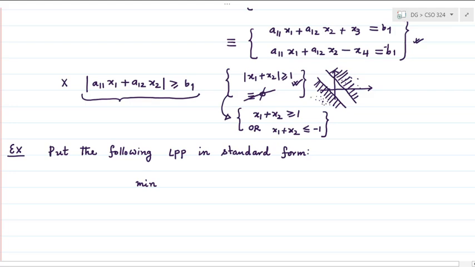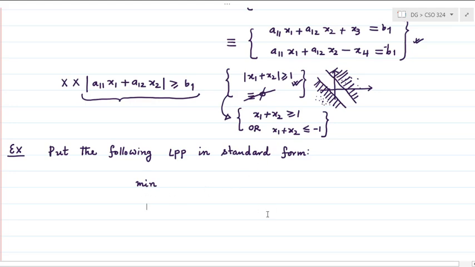This shaded region is not a convex set, and once it is not a convex set, this cannot be a possible inequality in a linear programming problem. In no way will this be a possible restriction in a linear programming problem. Fine. Now let us try to put the following LPP in standard form.